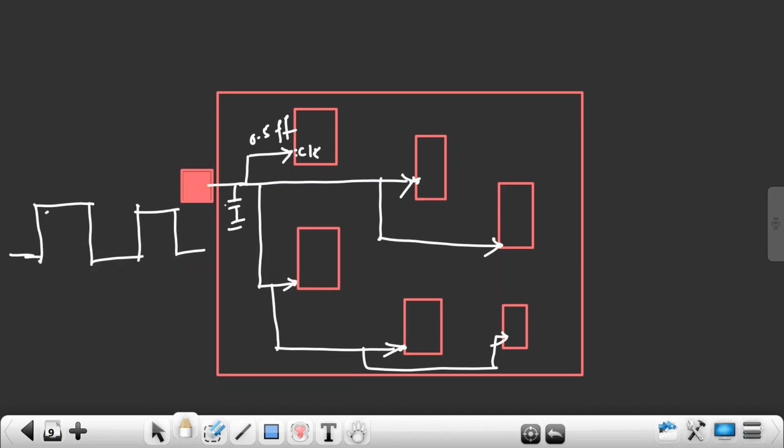But to charge this capacitance, my clock will go like this. When this capacitance is fully charged, I call it high. When the capacitance is fully discharged, it is low. So now my capacitance starts discharging. Again charge, again discharge.